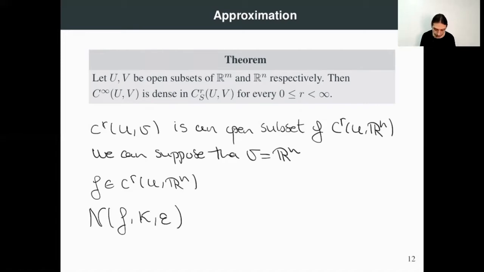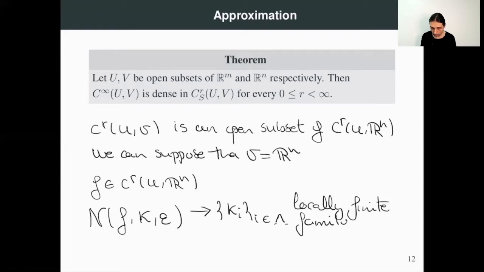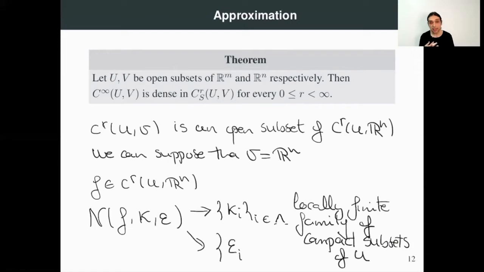Let's remind ourselves that K is indeed a locally finite family of compact subsets of U, and that epsilon is a family of real positive numbers.